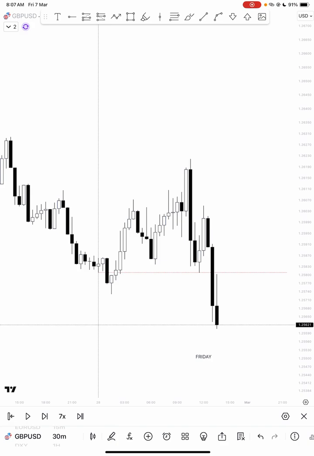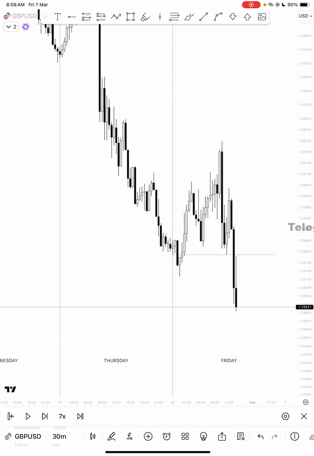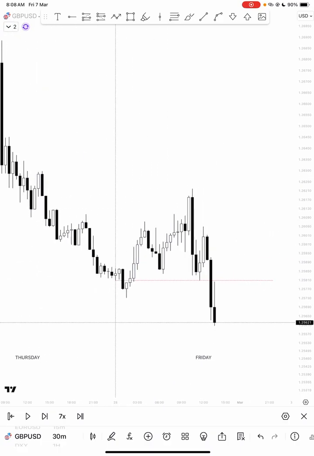So what actually happens? The market went higher, retraced above the opening price here, retraced, then went higher and took some draw on liquidity over here.